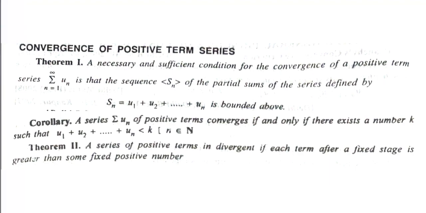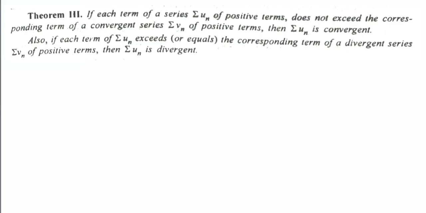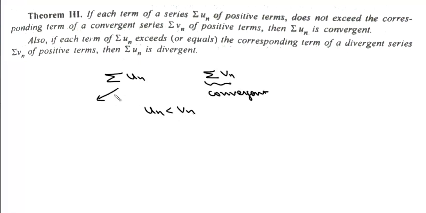Now this third theorem is, suppose we have two infinite series of positive terms, say summation un and summation vn, where the series summation vn is convergent, and each corresponding term of summation un is less than vn, then we'll say this series summation un will also converge.